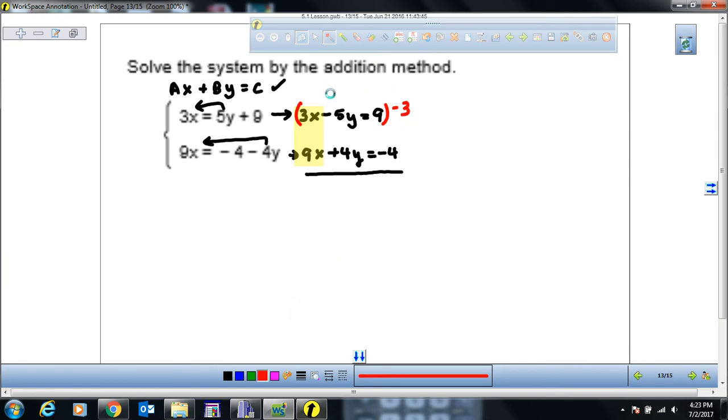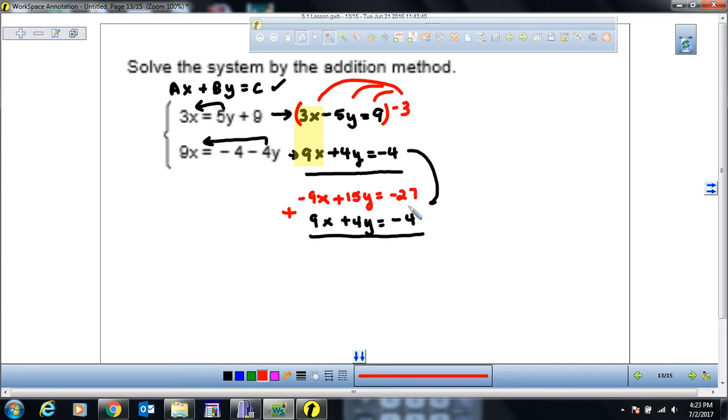So if I multiply by a negative 3, you're going to get negative 9x, then negative 3 times negative 5y is positive 15y, equals negative 3 times 9, which is negative 27. And what we have to do then is add it to this equation. So it's 9x plus 4y equals negative 4.